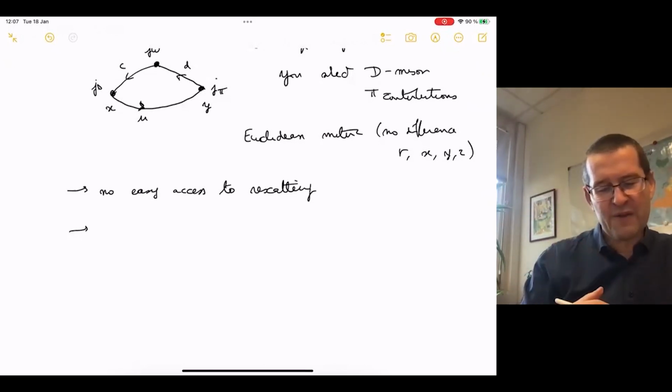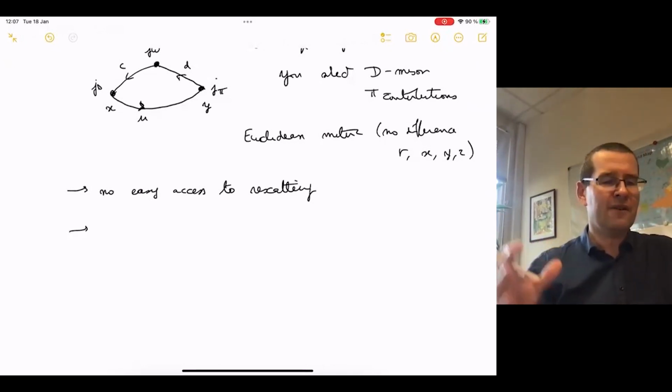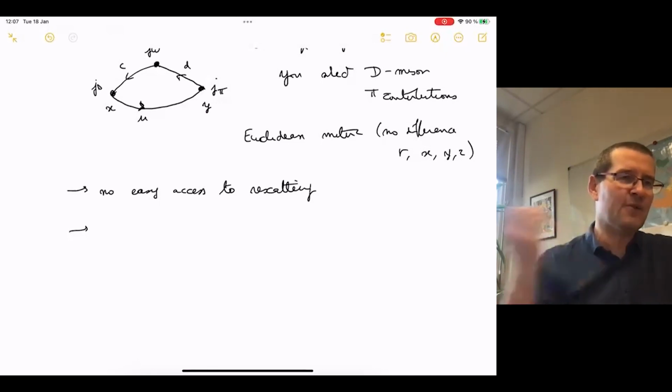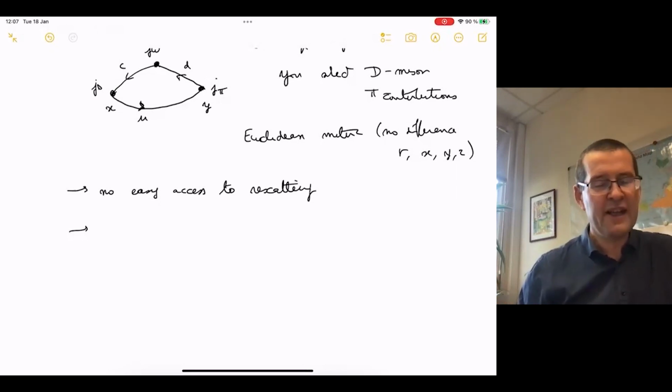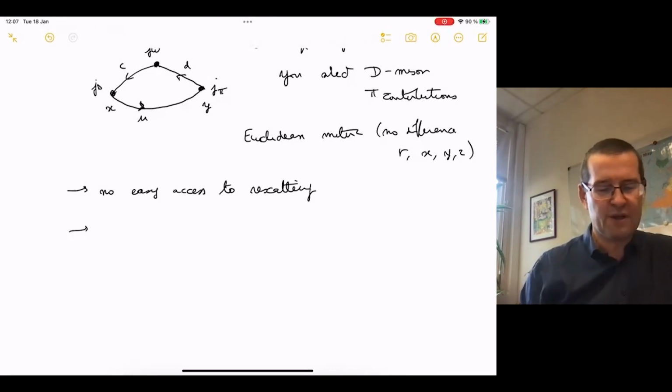You don't want to have a situation where you have a D that decays and then the pi and the lepton and the neutrino are flying away very quickly, because actually they're going to get out of the box very quickly and finite volume effects are going to be important. So you would like a situation where your D decays and your pi that is emitted stays more or less in the same place or moves a bit away, but not too much.